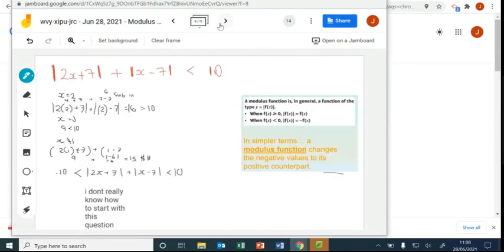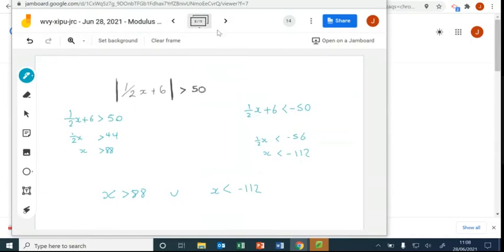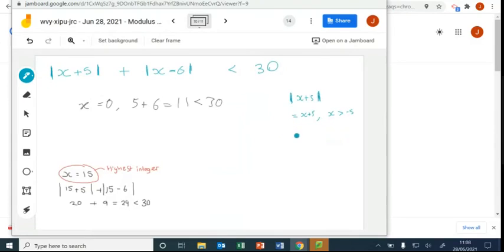And the function also says it's the negative version when it's less than 0. So in this case, it's equal to minus x minus 5 when x is less than minus 5. That's for the x plus 5 function.